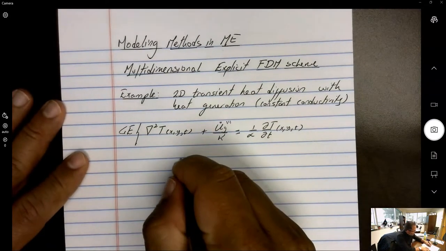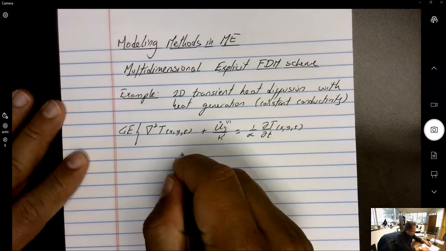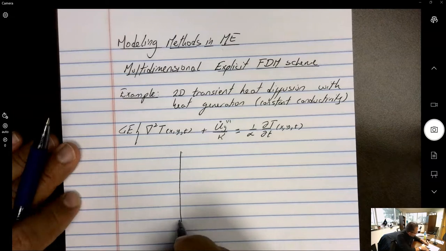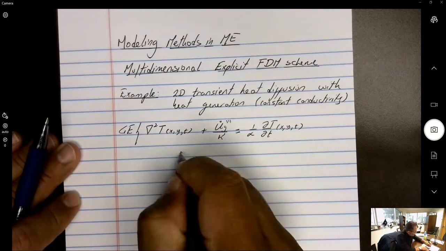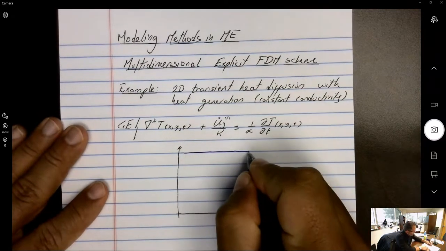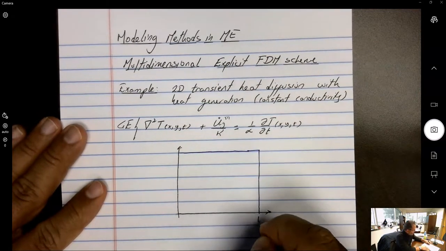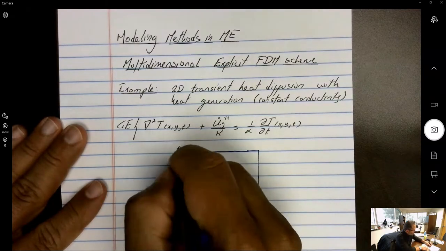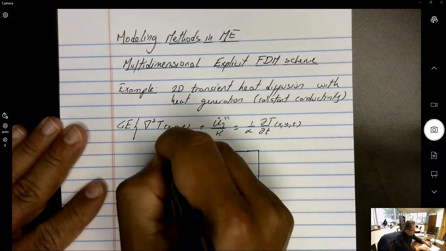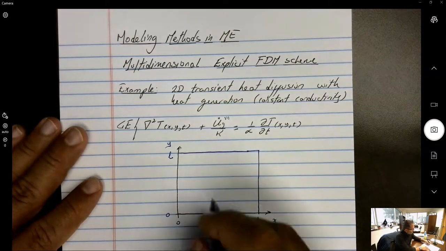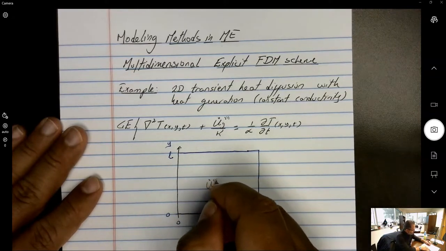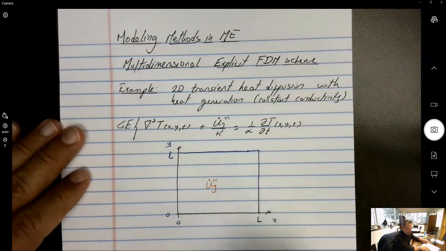And to illustrate again this particular case, we are going to assume that the domain is a rectangular one, that goes from 0 to L in the x direction, and it goes from 0 to small l in the y direction. And we have some internal generation, u̇_G triple prime, which we've said is a constant, but again, it doesn't need to be a constant.